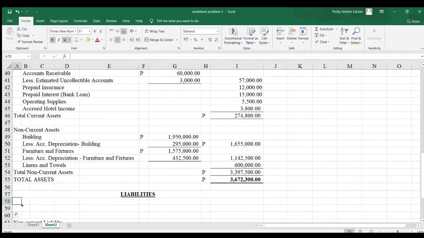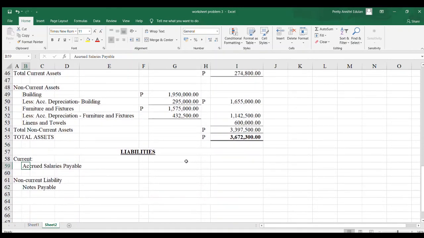So this is current salaries payable. Usually you will write here total non-current and total current, but since we have one for each, we could just have total liabilities.